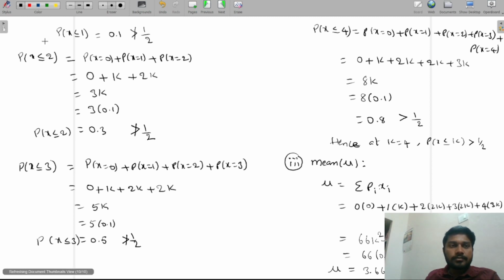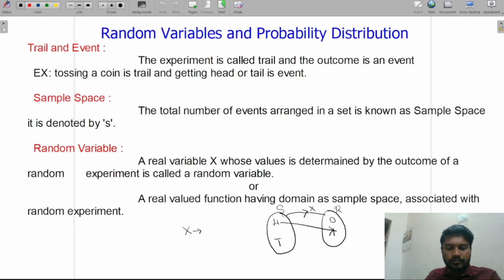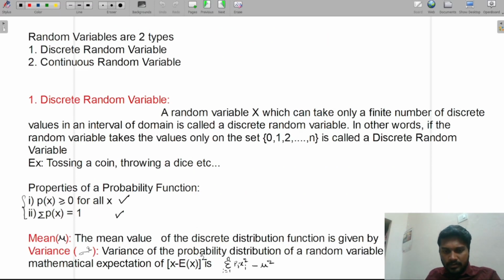Okay, now variance, which will be denoted by sigma square. Do you remember the formula for variance of a discrete random variable? Shall I show you once? Yes, we'll see now. See, this is the formula. What is the formula? Summation pi into xi square minus nu square.